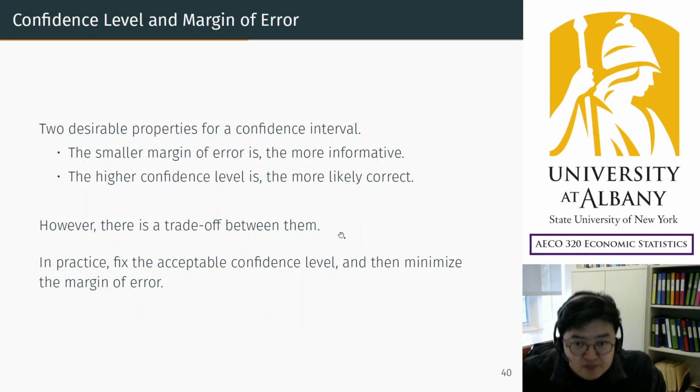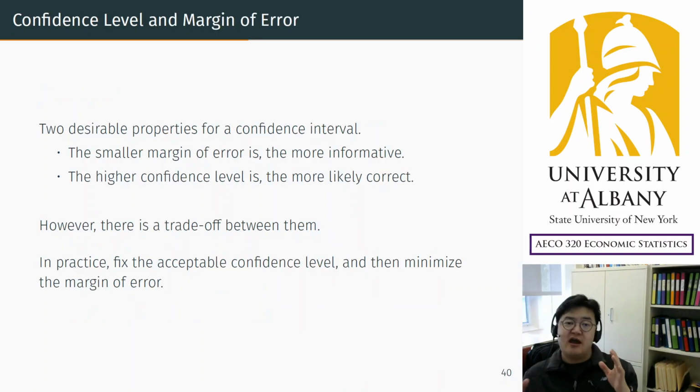So you have to understand that when you use an interval as an estimator, there are two different criteria. First, you would like to have the smaller margin. The smaller margin, the more informative, right?